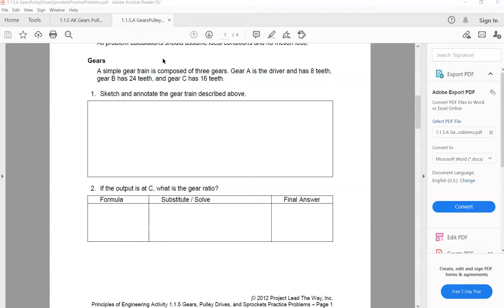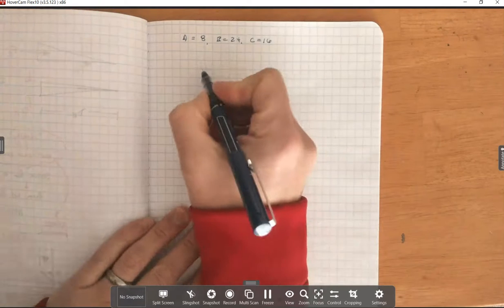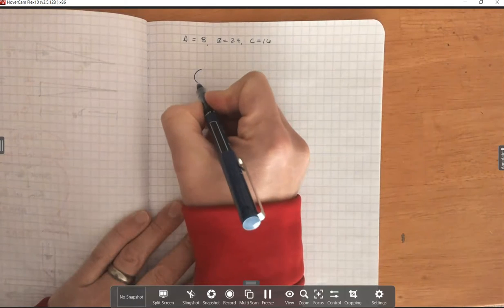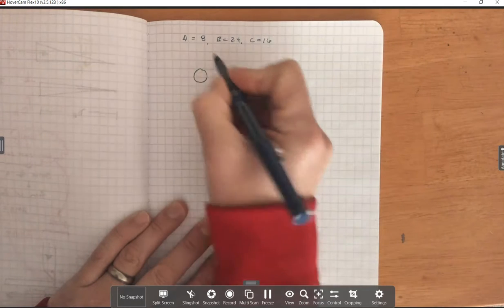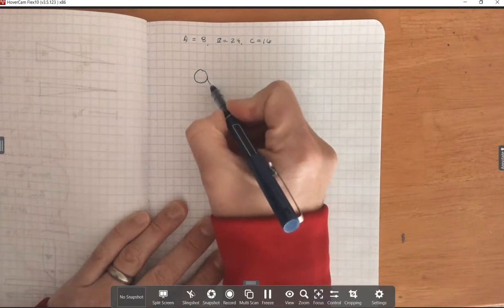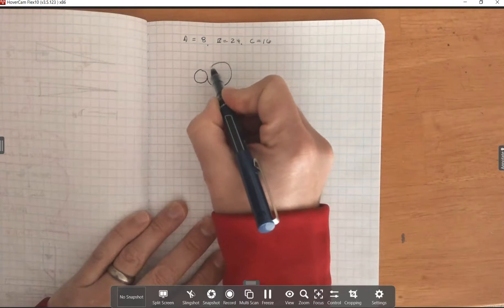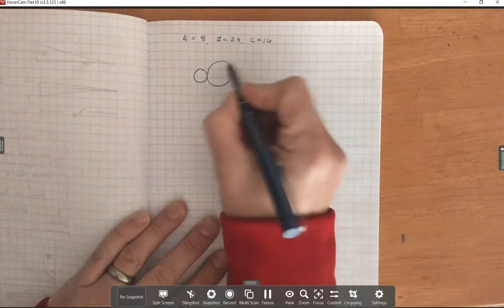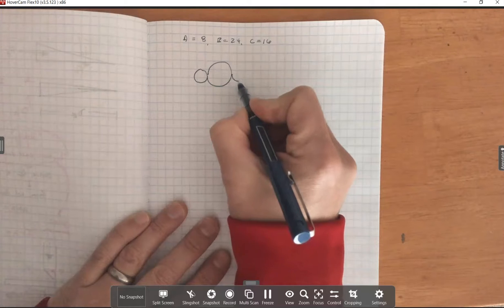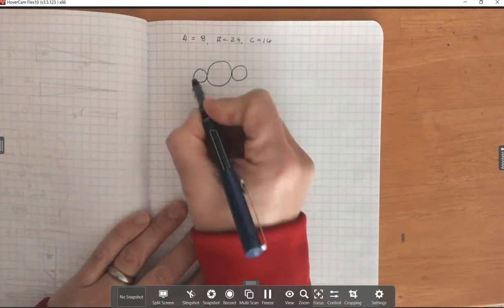All right, so for the first set here, we are going to sketch and annotate. We have gear A as the driver with 8 teeth. Gear B has 24, and C has 16. Just to annotate, I'll draw a smaller circle for a gear that would have 8 teeth, a bigger circle for a gear with 24 teeth, and one in between those two sizes for a gear with 16.